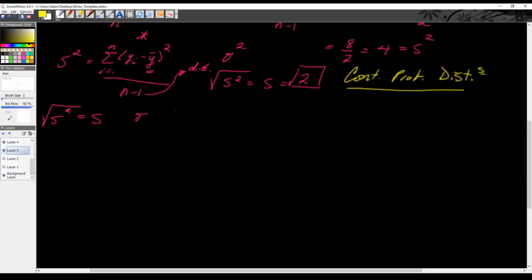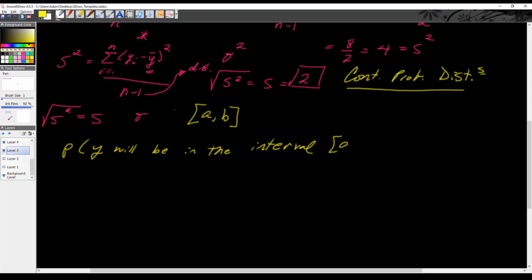We're going to denote this interval as follows, A to B. We often wish to find the probability that y will be in the interval A to B. We can write this more simply as the probability that y is less than or equal to B, but greater than or equal to A. This probability can be interpreted as the proportion of values in the population that are greater than or equal to A and less than or equal to B.